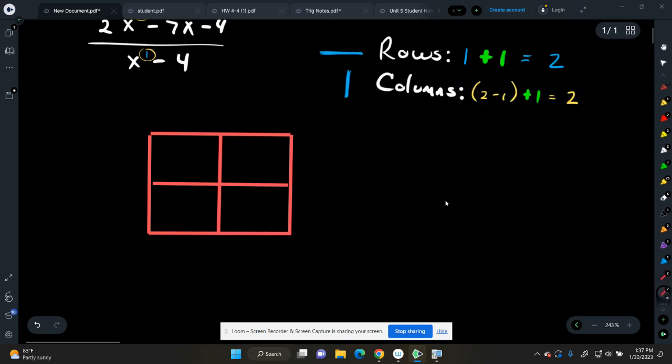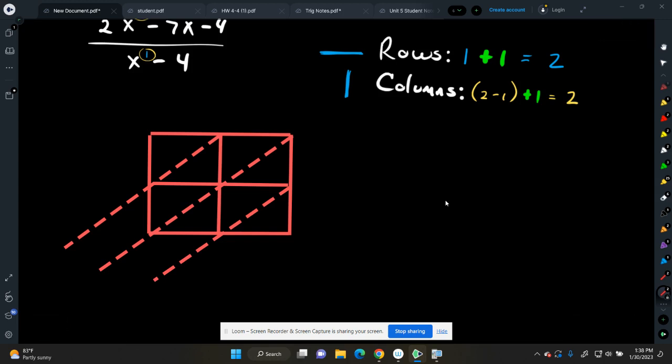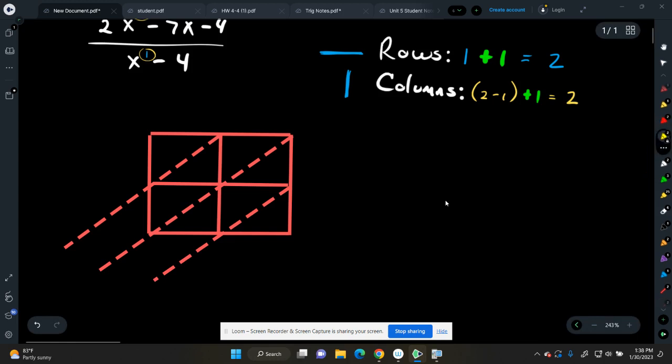The diagonals, when you draw them, we want them to go through the corners of the boxes. This is how we're going to keep track of our like terms. Okay? So there's the diagonals. Now we have to fill in the square. The x minus 4, the thing on the bottom, that's going to go on the side.